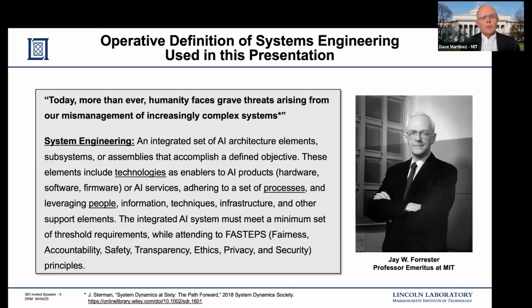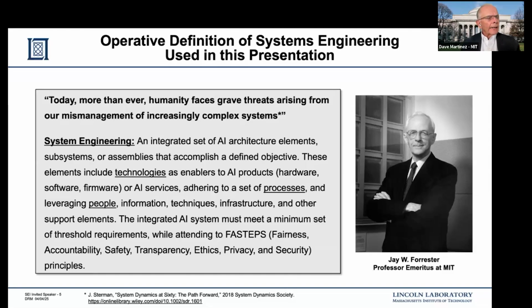In this definition, which I won't read to you since you can probably read it faster than I can do justice to every word, I just want to highlight two pieces that I like. The first is the importance of tying together technologies, processes, and people, and that's exactly what I'm going to address in this talk.